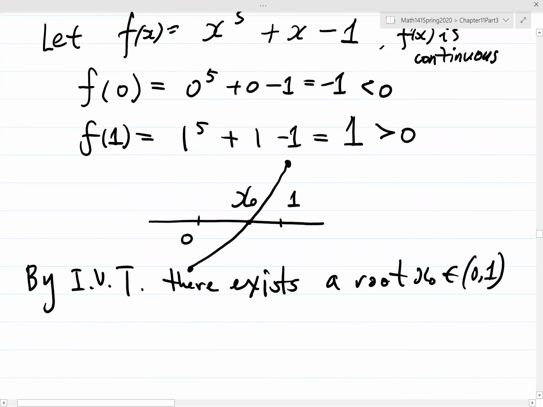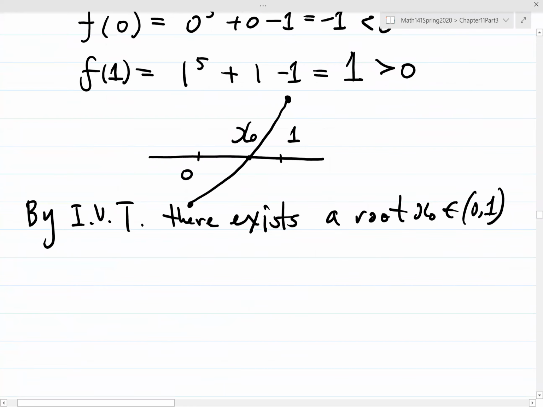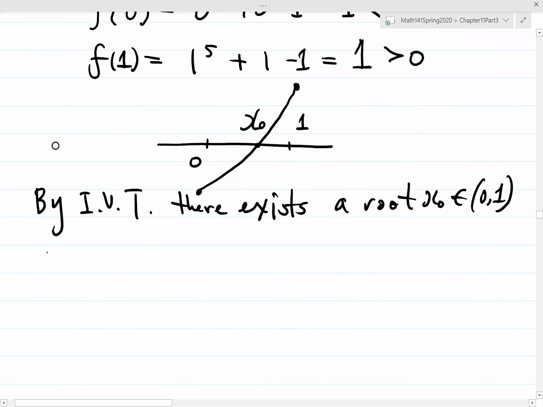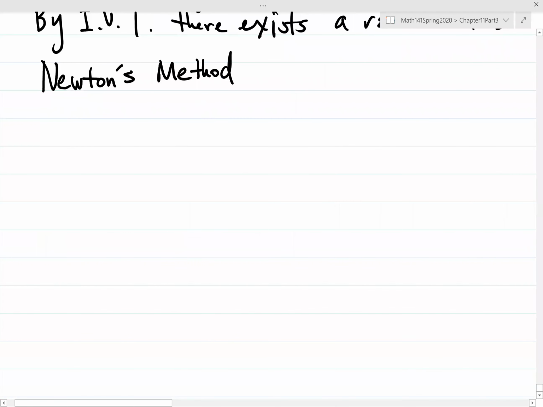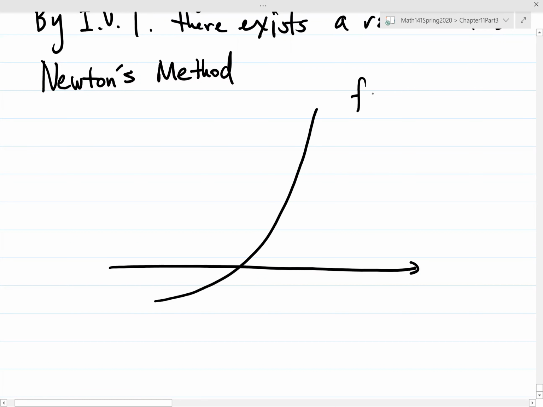Now we will find x0 numerically by Newton's method. Let's see the idea of Newton's method. Suppose we have a function f(x), and this is the graph of f(x). It has a root x0 that we want to find.